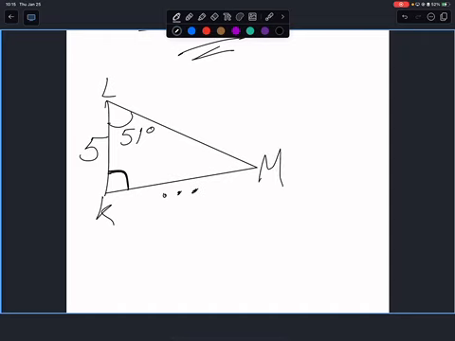Find the length of km. How do you find the length of km?